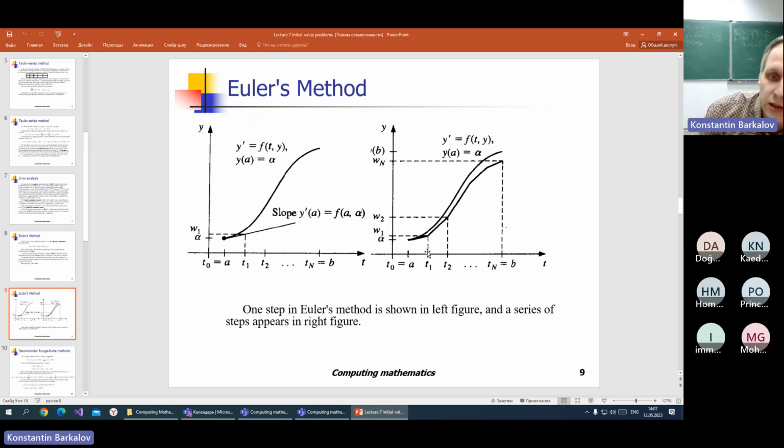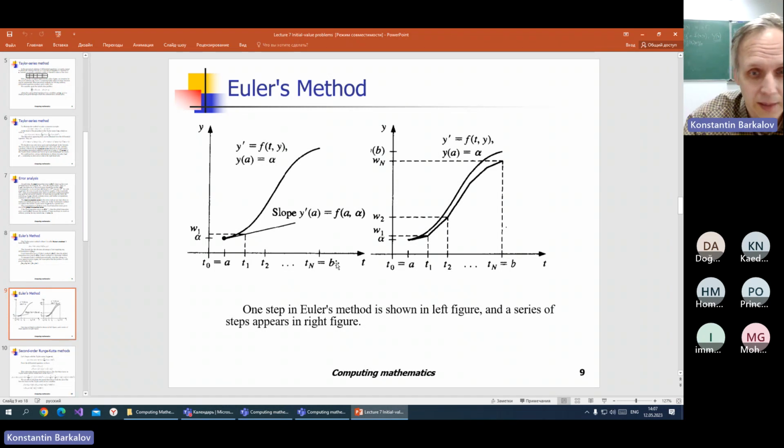If we select the step significantly small, this piecewise linear approximation will be close to this unknown function. One step of Euler method is shown in the left figure, and a series of steps is shown on the right figure.